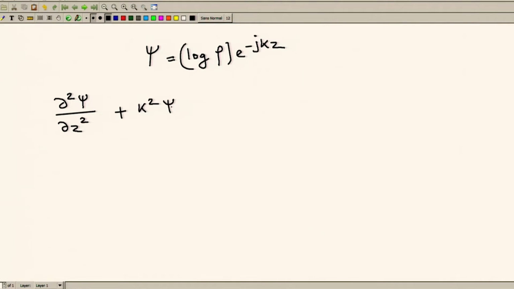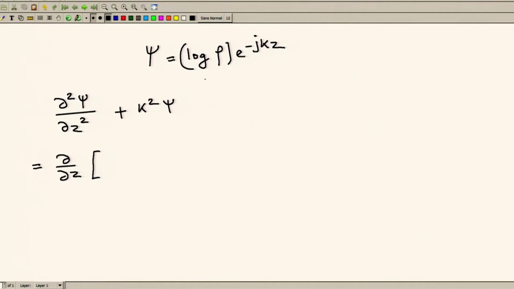So we will perform the derivation with respect to z. So first is del psi del z. We will differentiate this psi function with respect to z first.